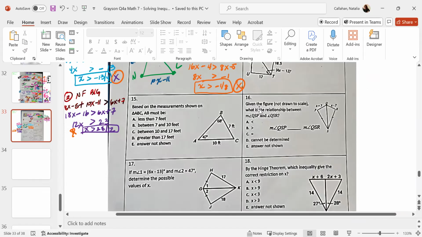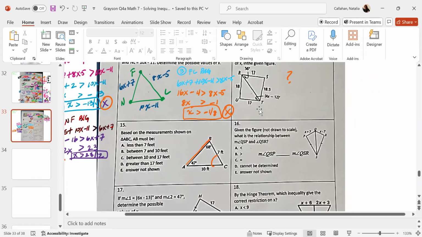15. Based on the measurements shown on triangle ABC, AB must be, so this part right here. Well, here's the thing. Let's figure out what this angle is right here. Can we figure out what that angle is?